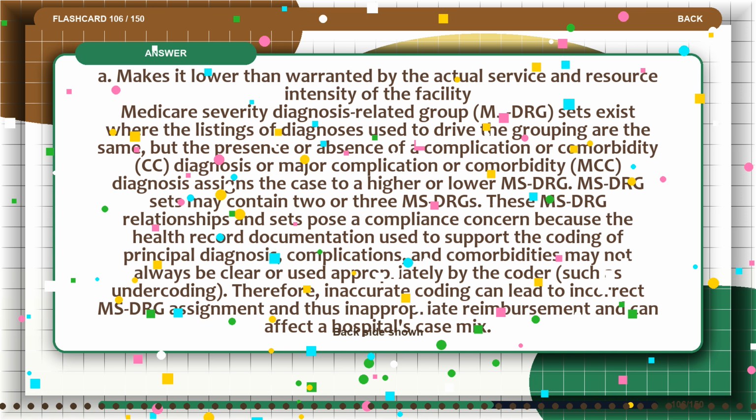Medicare Severity diagnosis-related group, MS-DRG, sets exist where the listings of diagnoses used to drive the grouping are the same, but the presence or absence of the complication or comorbidity, CC, diagnosis or major complication or comorbidity, MCC, diagnosis assigns the case to a higher or a lower MS-DRG. MS-DRG sets may contain 2 or 3 MS-DRGs. These MS-DRG relationships and sets pose a compliance concern because the health record documentation used to support the coding of principal diagnosis, complications, and comorbidities may not always be clear or used appropriately by the coder, such as undercoding.